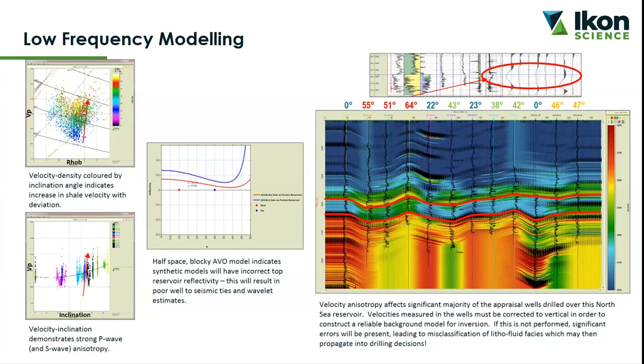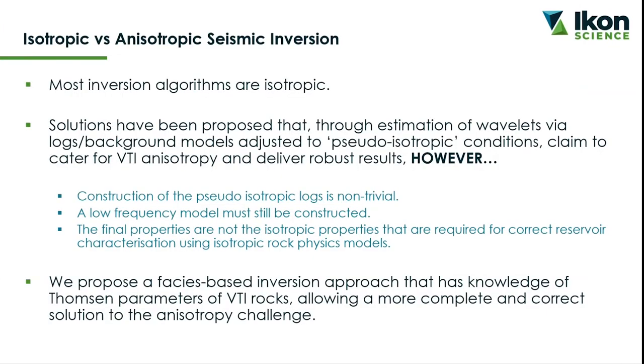So there are some ways to tackle that. A lot of inversion algorithms are isotropic, but there have been solutions proposed to try to address that, sometimes through wavelet estimation and essentially factoring scalars into the wavelet, but also through adjustment to what's referred to as pseudo-isotropic conditions.